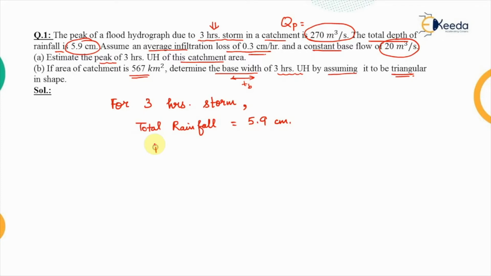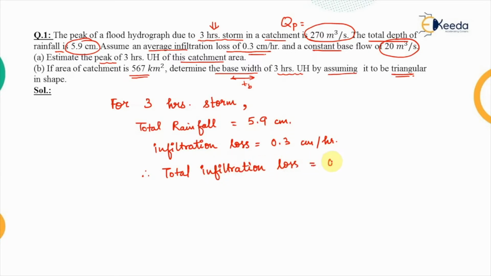The infiltration loss on an average basis is equal to 0.3 centimeter per hour. That means in 1 hour the infiltration loss is 0.3 centimeter. Therefore, the total infiltration loss that has occurred for the given duration of the storm is 0.3 into 3 centimeters, and that would be equal to 0.9 centimeters.